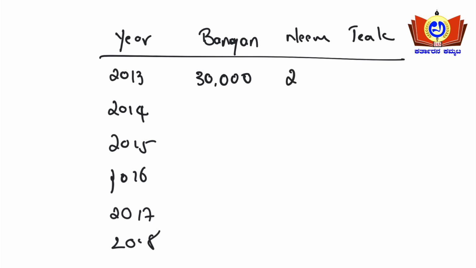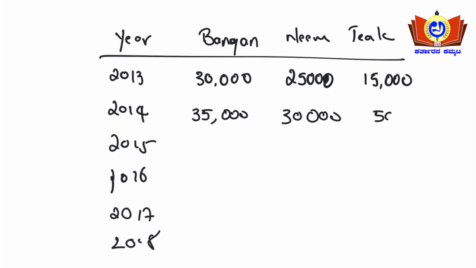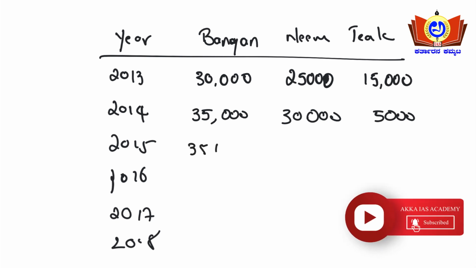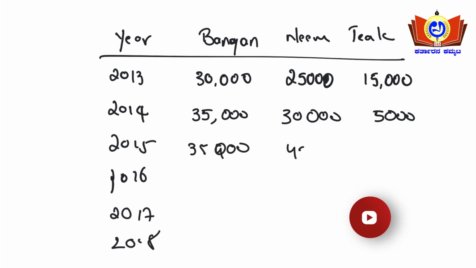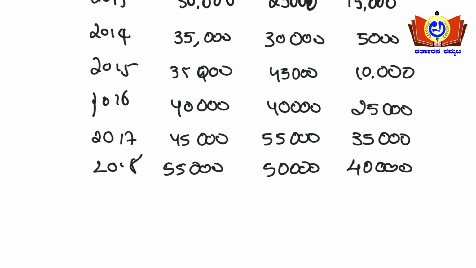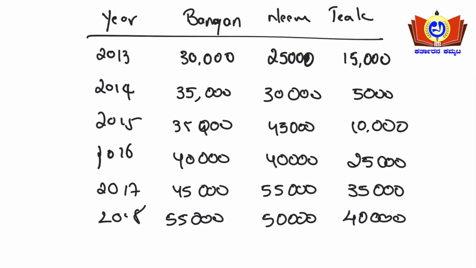Similarly, in 2013, 25,000 neem trees have been planted by the government, and 15,000 teak trees. Then the next year it shall be 35,000, 30,000 and 5,000. Similarly 35,000, 45,000, 35,000, 45,000 and 10,000. See friends, this is the data given in the tabular column.